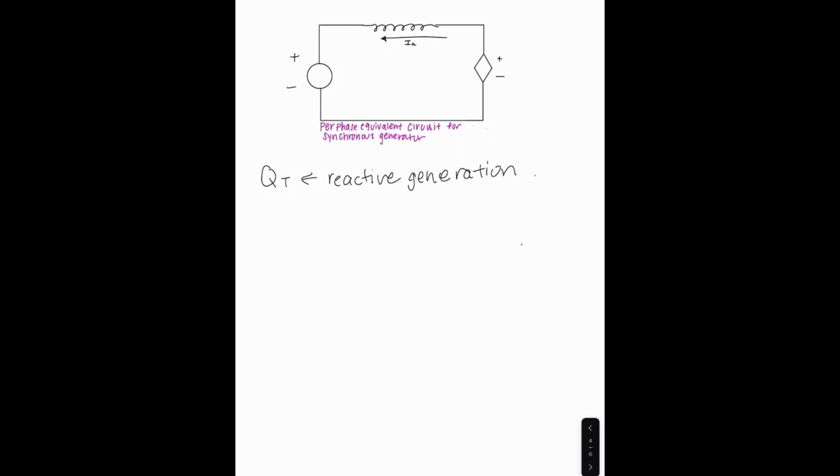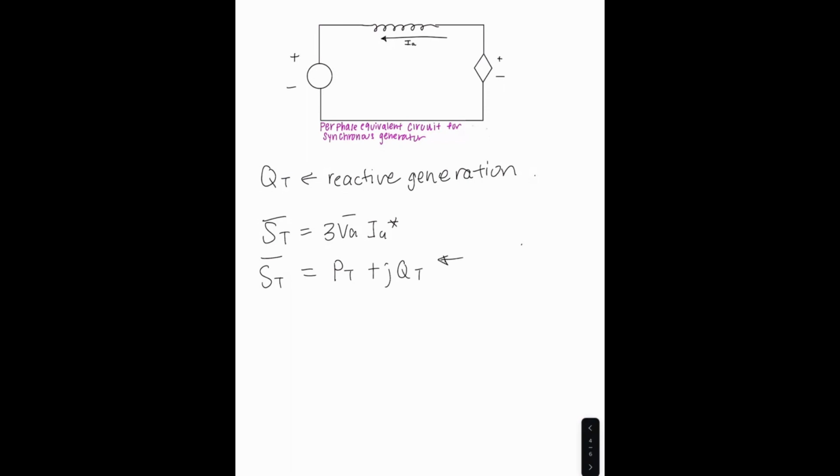If we keep in mind that the complex power of a synchronous generator is equal to 3 VA IA conjugate, and we also remember that this is PT plus JQT, then we can solve for QT.